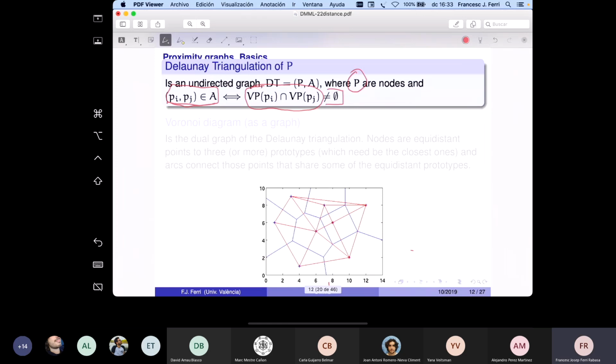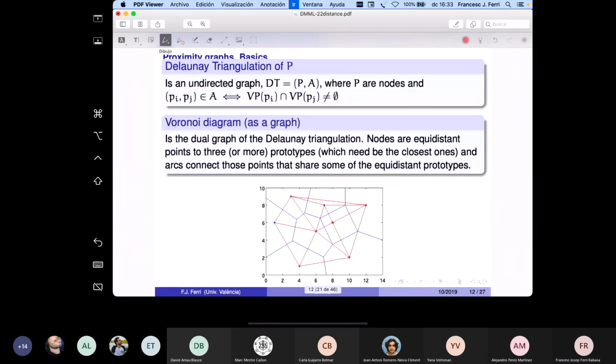The bad news is that computing the triangulation is as hard as computing the Voronoi diagram. If we consider the Voronoi diagram as a graph, we can say that these two graphs are dual.